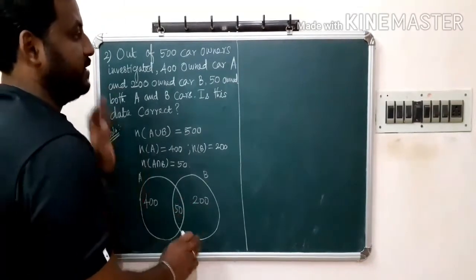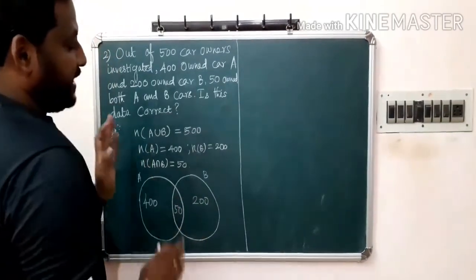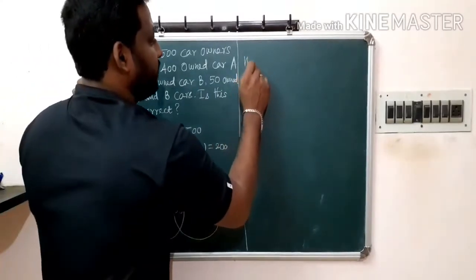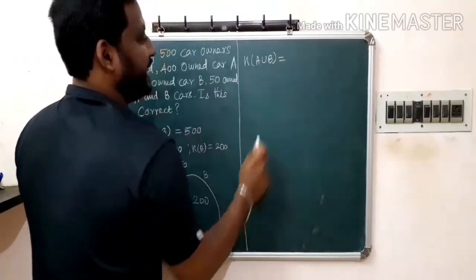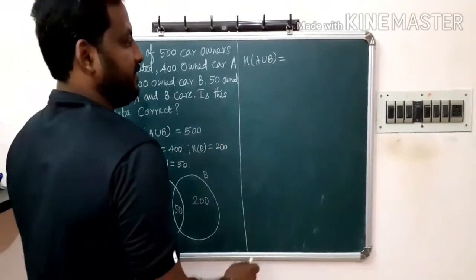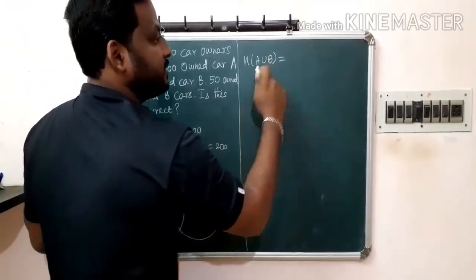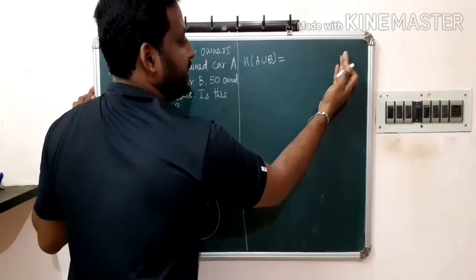This is only given. So we know the formula: n of A union B. What is that n of A union B? If union comes, the intersection part should be subtracted.